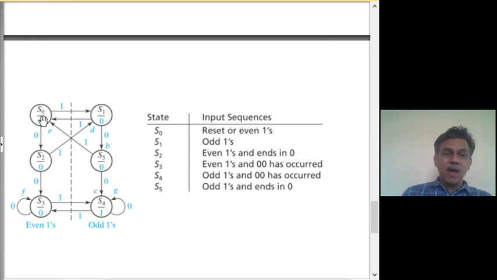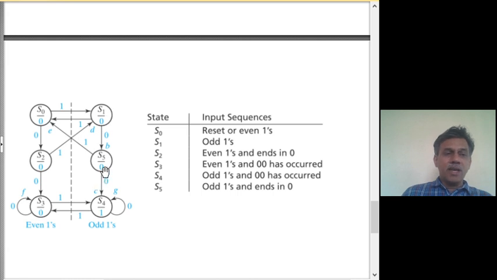Because S0 is where you are looking for 2 consecutive zeros. But this is a 1. It not only signifies that the pattern is broken, but also that the 2 consecutive zeros have not occurred, so you should again start looking for them. But a 1 will switch the number of ones from even to odd. So you should actually go back to S1 and not S0. So that is what this 1 does. You go to S1.